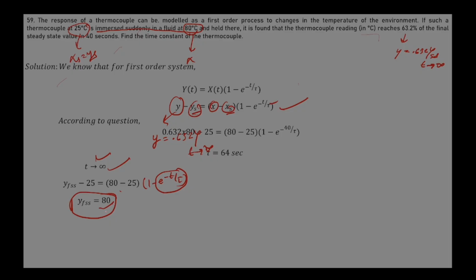So y is 80. So 0.632 of 80 minus 25, we get t equal to 64 seconds, that is tau. Okay, so this is a very simple question, guys.